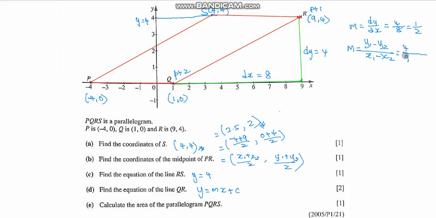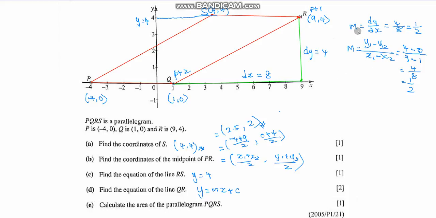That's for point 1, which is R. Then minus point 2: y2 is actually 0, and x2 is 1, so 4 over 8 also gives you half. You can do it either this way or this way.